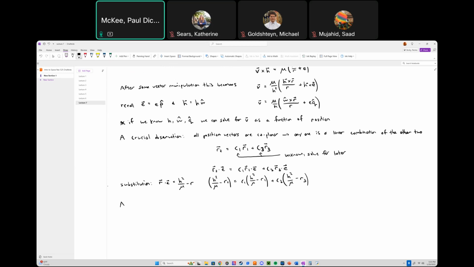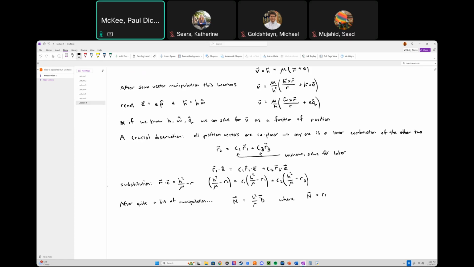So after quite a bit of manipulation, what we get is something that looks relatively simple. We get this vector N is h squared over mu times this vector D, where the vector N is some combination of vectors. So this is where Gibbs, being the hero of vectors, kind of shines through here.